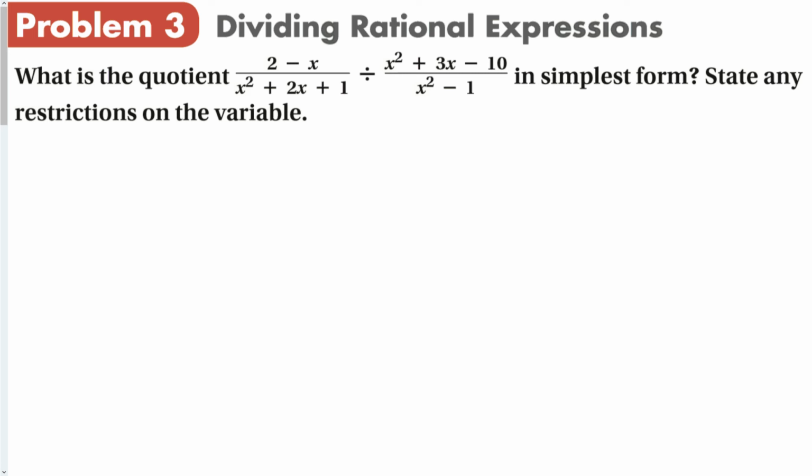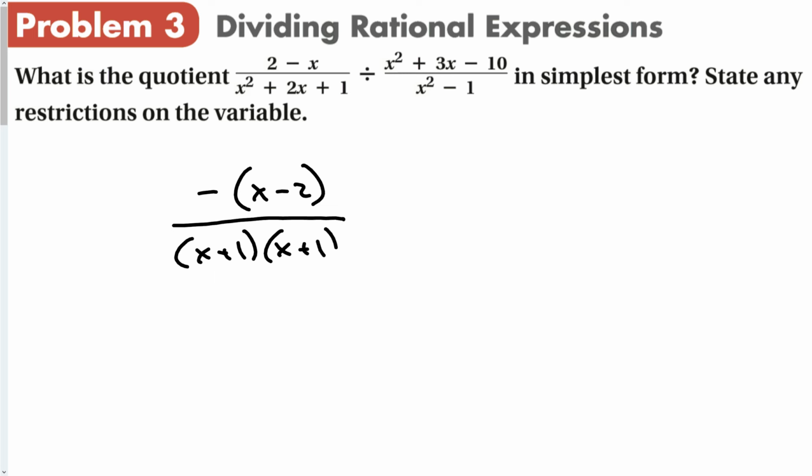All right, so first, I don't like that, so let's factor out a negative, and that turns into x minus 2. Keep it in the same form as everything else. This would be x plus 1 times x plus 1. I could write x plus 1 squared, better. Let's just change it to multiplication right now.